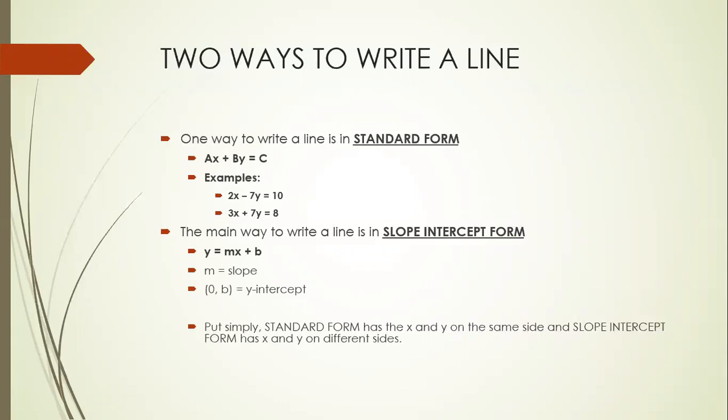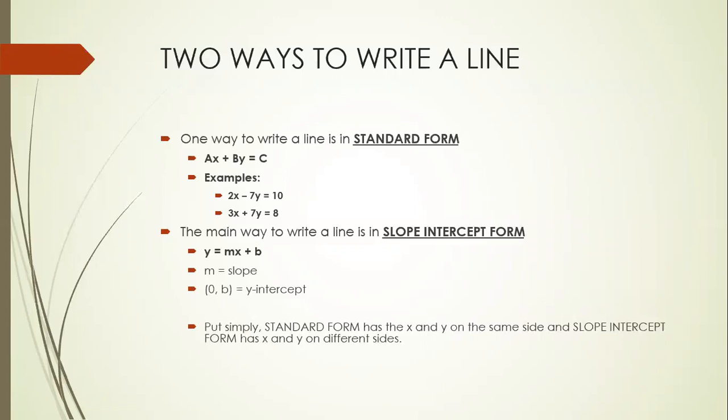There is, however, a second way to write a line, and that is standard form. Standard form has the form ax plus by equals c. That means you have x and y on the same side, not on different sides.